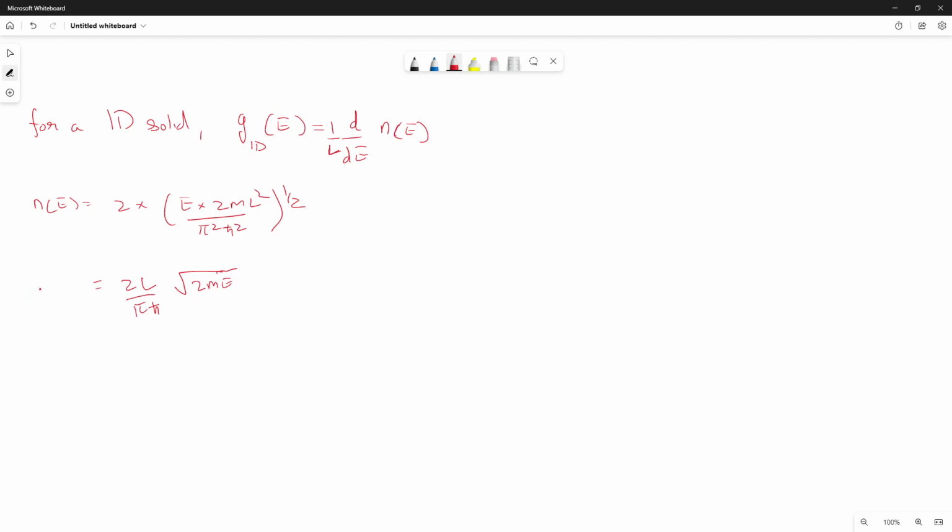This is N of E. Now, can you find out what 1 by L into d by dE of N of E is? Can you take the derivative of this function and then divide by L?